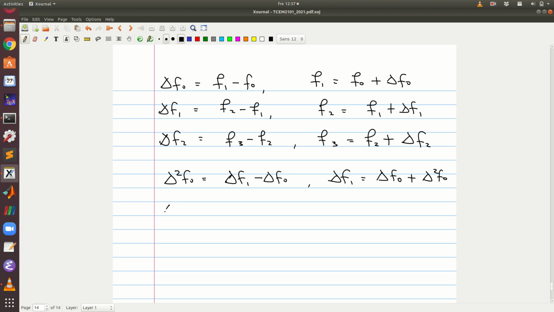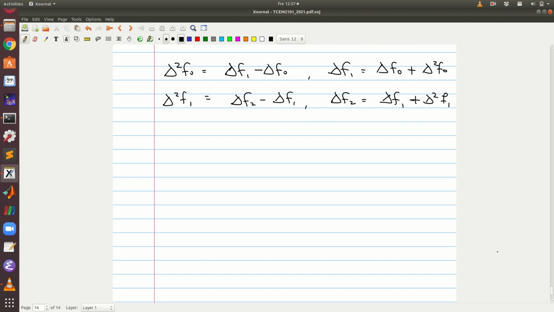In a similar way, the second forward difference at f1 is given as the forward difference at f2 minus the forward difference at f1, and then making the forward difference at f2 the subject, it is equal to the forward difference at f1 plus the second forward difference at f1, and so on and so on.